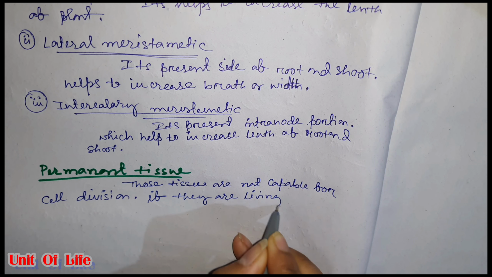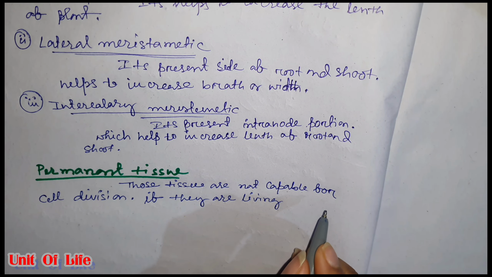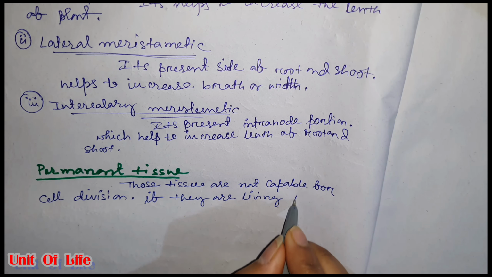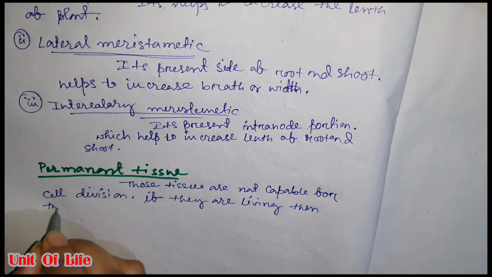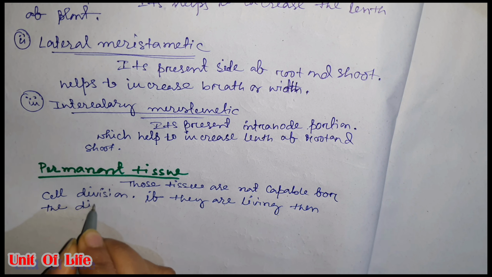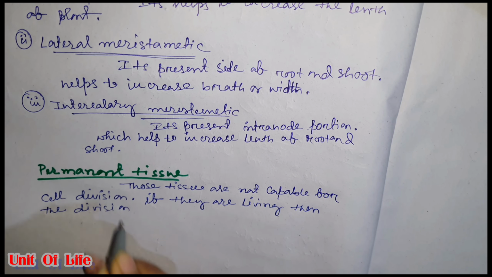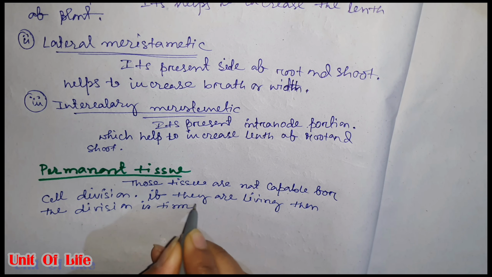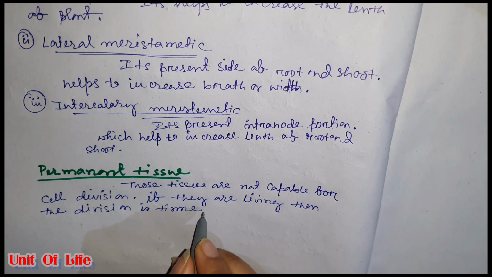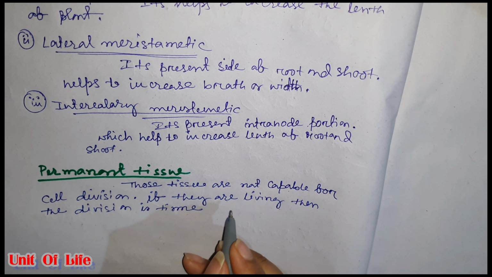Such a tissue comprises cells in which growth has stopped either completely or for the time being. It means in this type of tissue, cell division has either totally stopped or stopped for a certain time.